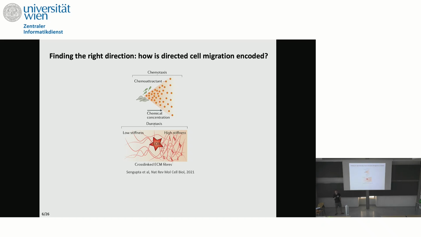gradients. The classical idea, if you open a textbook on cell migration, is that in cancer, in development, in bacteria, there are in many cases gradients of a chemical species that is a chemoattractant.